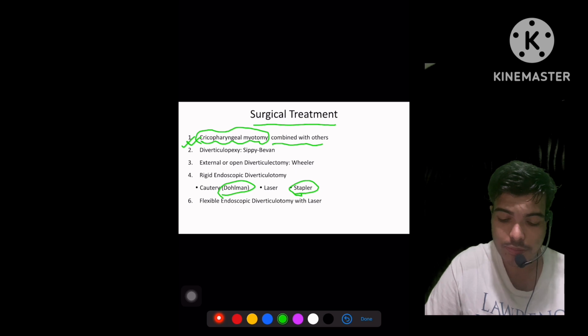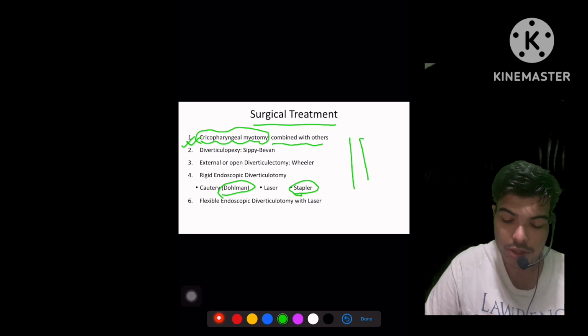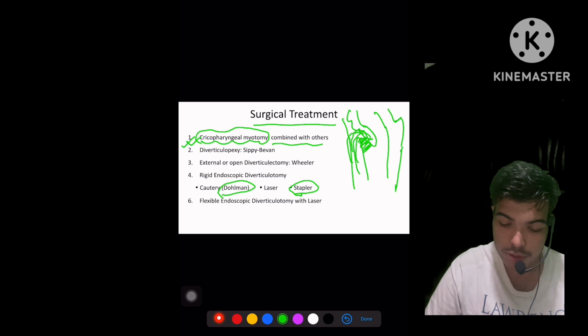Diverticulopexy means, suppose this is your esophageal inlet and this is your cricopharyngeus. What you do is you staple this in such a way that you make this a single pouch. So whenever food goes here, it will eventually go here also. You make it one pouch, okay. Or what you can do is cut this and remove this portion, and then make the esophagus like this, as a single lumen.